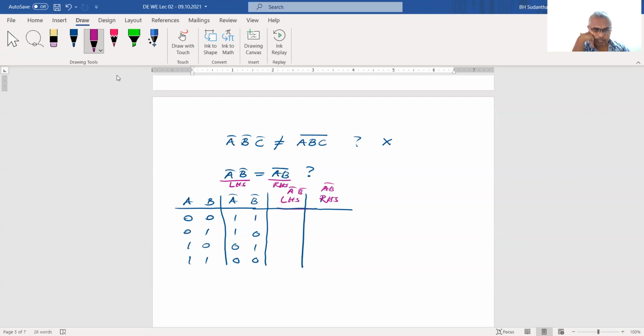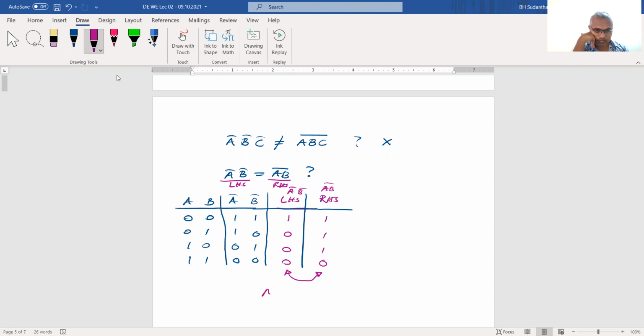This column is 1, 0, 0, 0. This is AB bar. AB bar is a NAND operation. In a NAND operation, other than this combination, all others are true. Now we have to check whether these columns are equal or not.